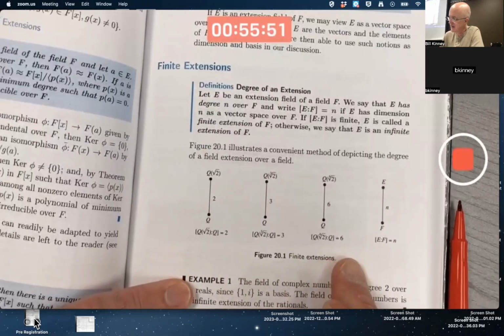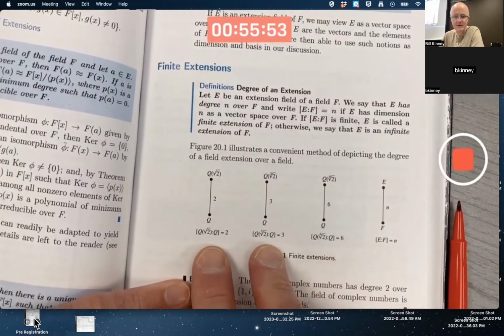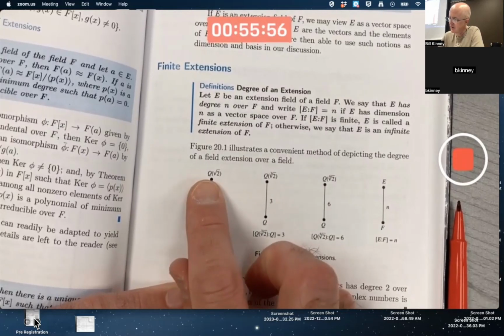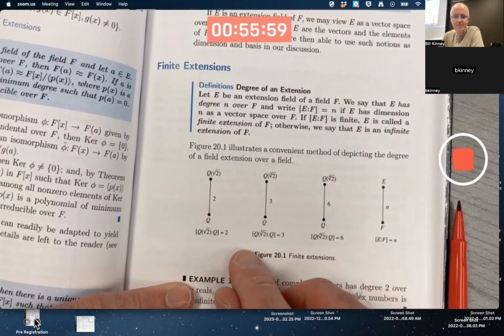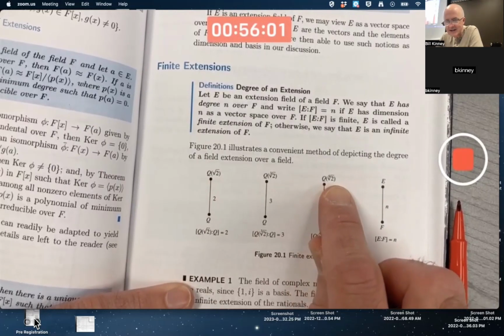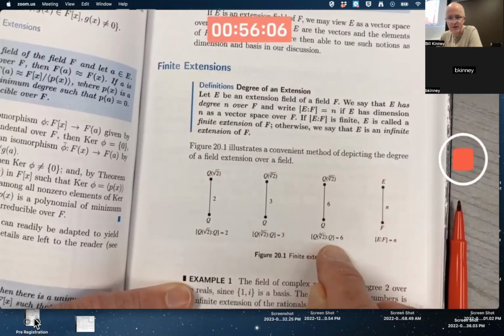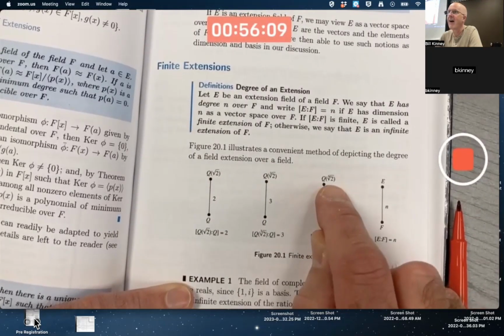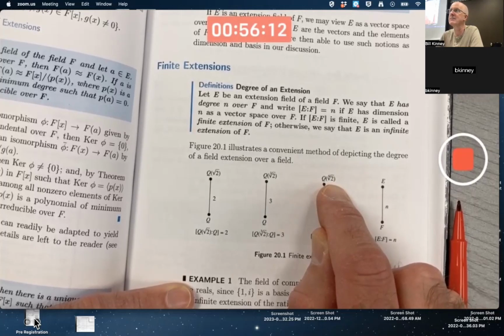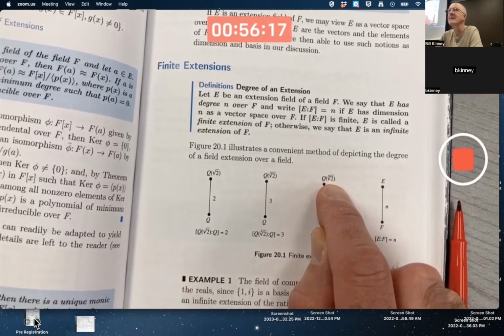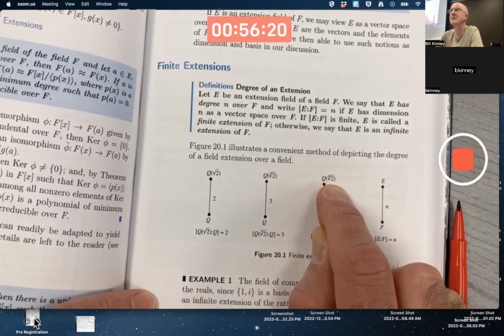And you draw simple kinds of pictures like this, including our two examples that we've looked at so far, Q of square root of 2 and Q of cube root of 2. This example, if you can't quite see it, says Q of 6th root of 2. That's a 6-dimensional vector space over Q. Elements of that are linear combinations of powers of 2 to the 1/6 power. 0th power, which would be 1, 2 to the 1/6, 2 to the 2/6, which is the same as 2 to the 1/3, 2 to the 3/6, which is the same as 2 to the 1/2, 2 to the 4/6, same as 2 to the 2/3, 2 to the 5/6.